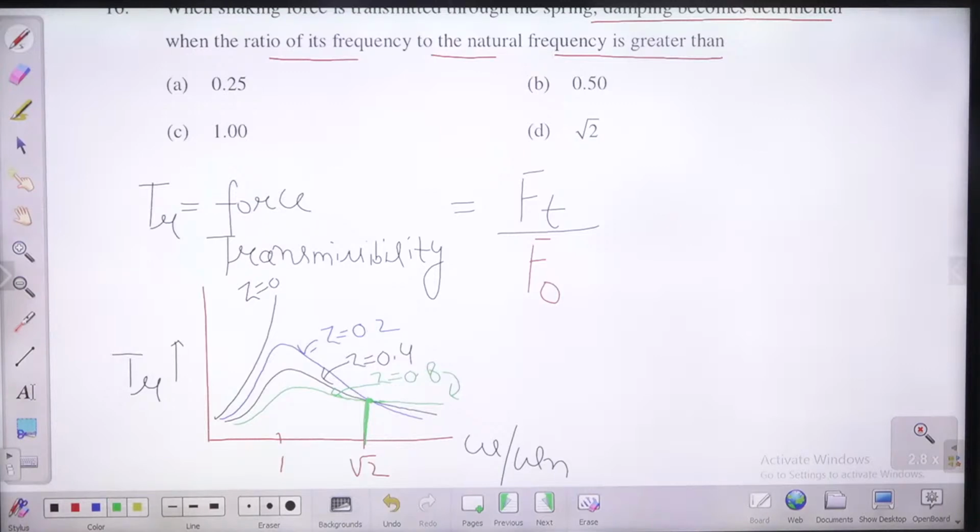There is one formula you can write for the force transmissibility, and if you write that, you will get some idea from it. Let me write it in front of you.